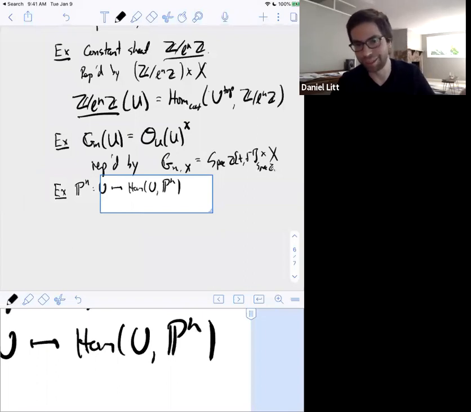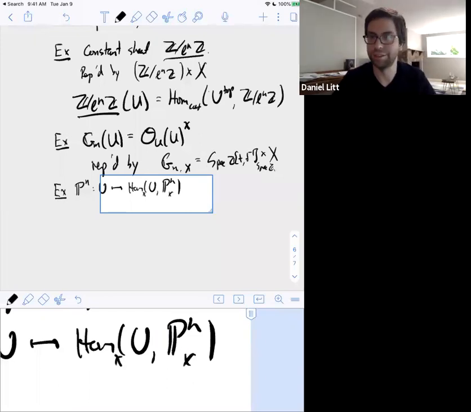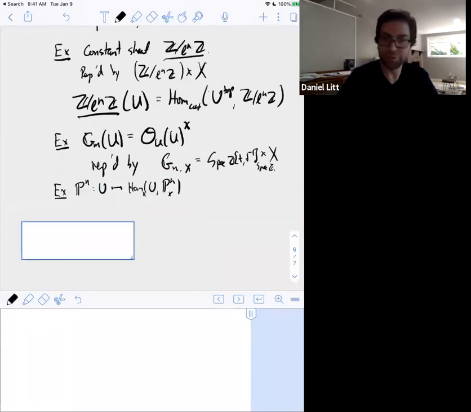It's a line bundle on U with a surjective map from O_U^(n+1). That's the functor represented by projective space, and that's also a sheaf, just because I wrote it down as being representable. But that's not an abelian sheaf. Okay, so those are a bunch of sheaves.